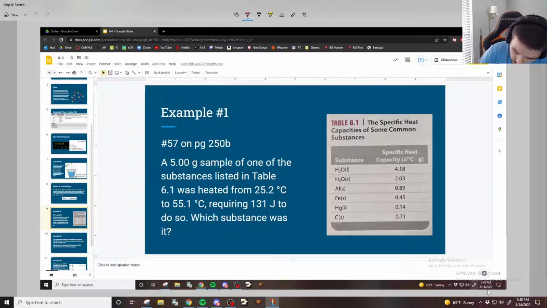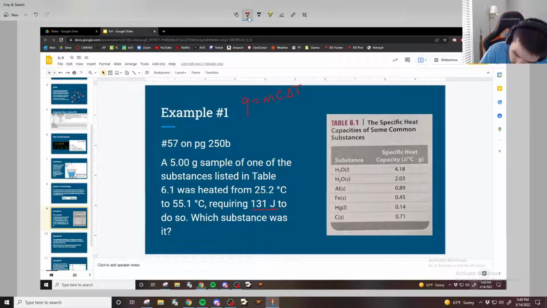So the formula is Q equals mc delta T. Let me try this again. Okay, Q equals mc delta T. Q is the heat, or the joules, the energy that was used.